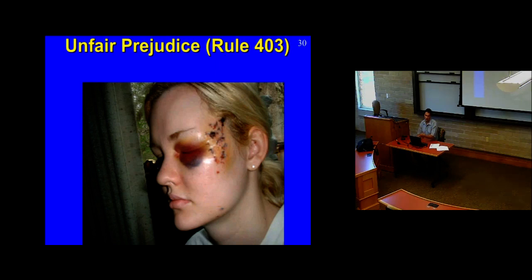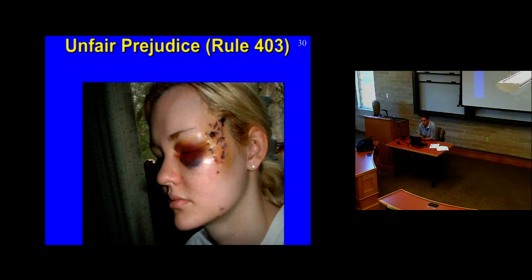And there is some probative value. It shows the intensity of the assault, of the attack. It shows the damages. If the defendant is right-handed and hit the victim with his right hand and she got hit in the left eye, it could tend to prove that, so it would be relevant.